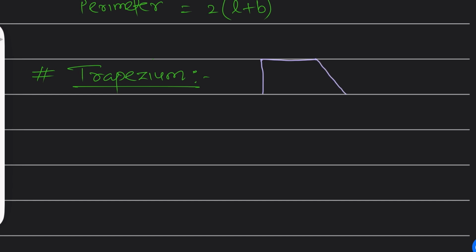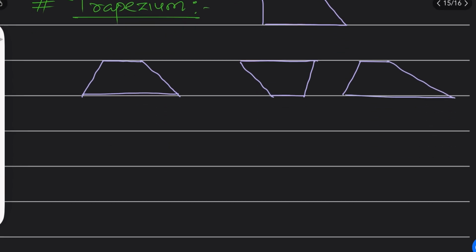One shape may be this type, or you might have seen another shape like this. This is trapezium. You might have seen this type of shape also, trapezium. All shapes are trapezium, sir.